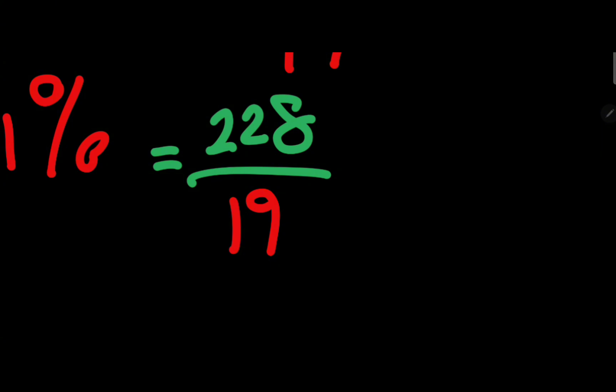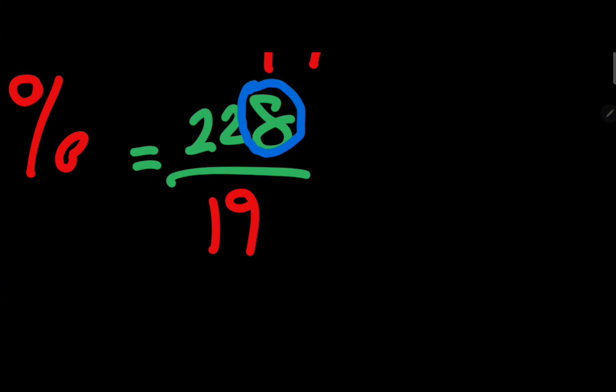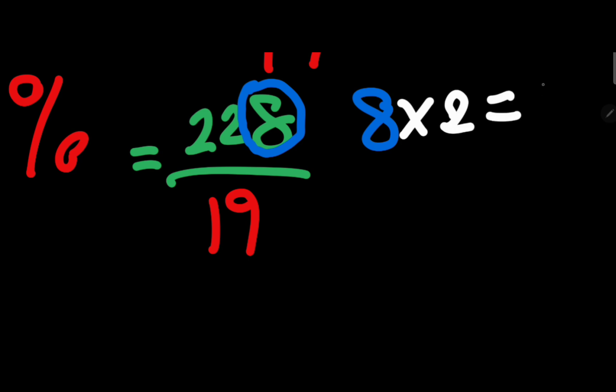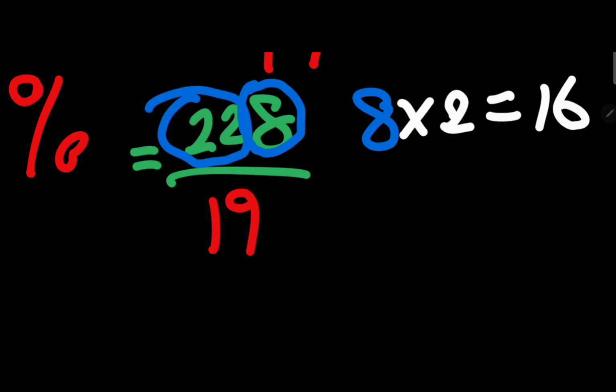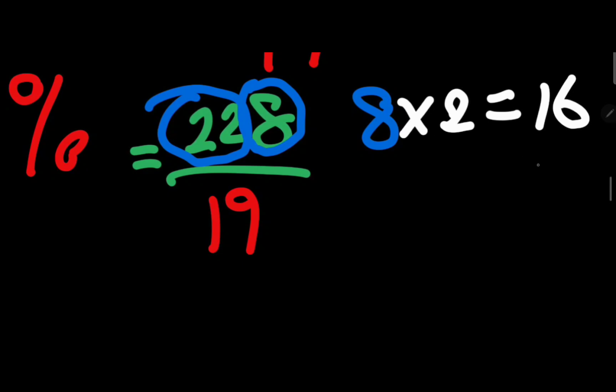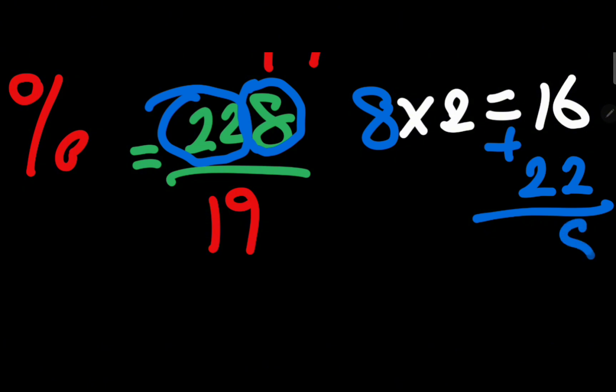Here's how to know if a number is divisible by 19. Well, we're going to take the last digit of that number, in this case is 8, and we're going to multiply that digit by 2. 2 times 8 is 16. And then what we're going to do, we're going to take that product and add it to the remaining numbers. So that will be 16 plus 22. 6 plus 2, that's 8, and 1 plus 2, that is 3.